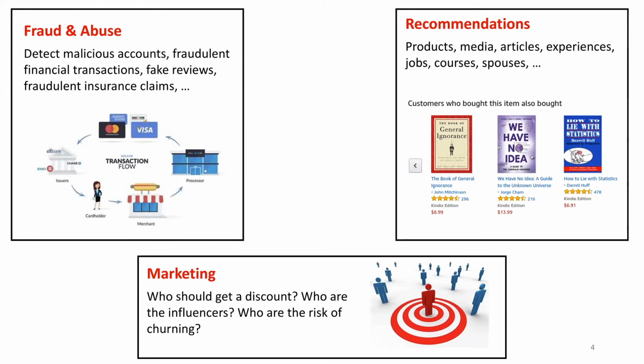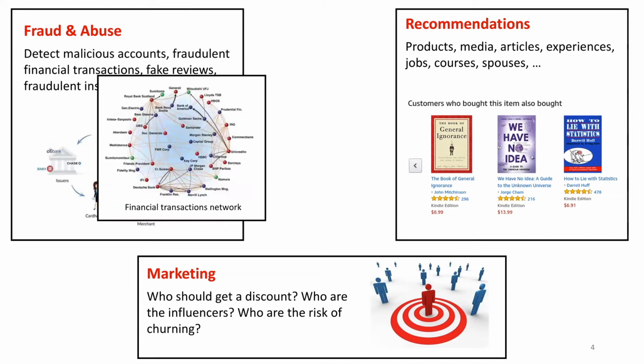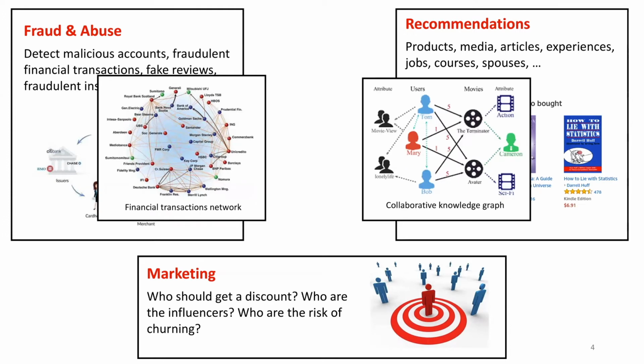Now, what is common in all of these applications is that they use graphs to represent the underlying data. For instance, in the context of fraud and abuse, if we're talking about financial transactions, usually there is a financial transaction network that is used to represent the relevant information. In the context of recommendations, usually what we have is what's called a collaborative knowledge graph that contains information about users, the different items they interacted with, as well as any other information that describes the users and the movies.